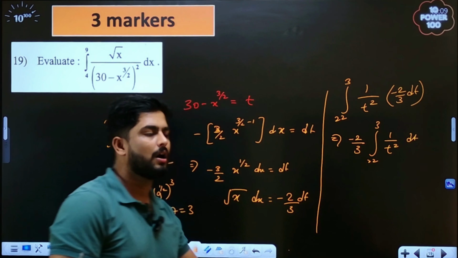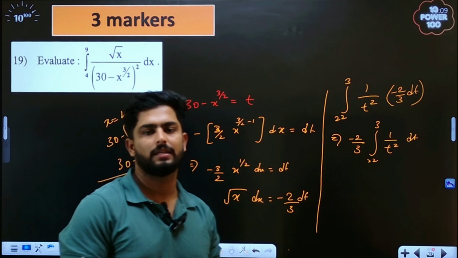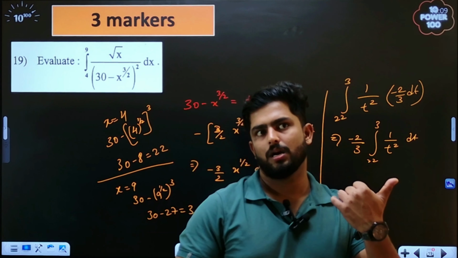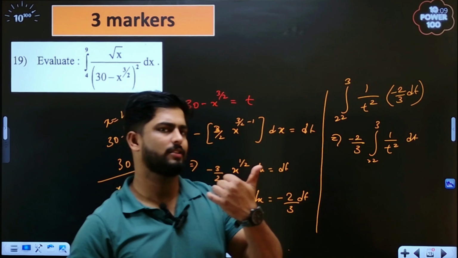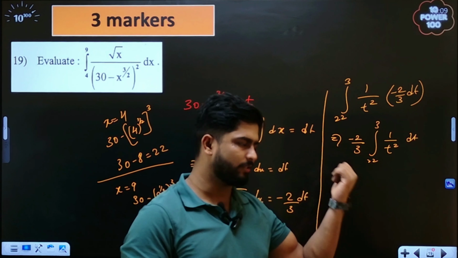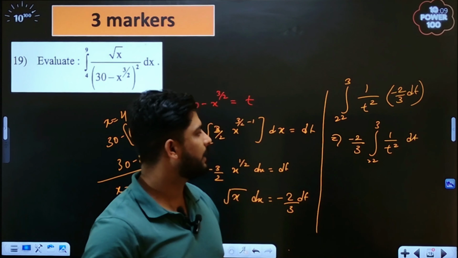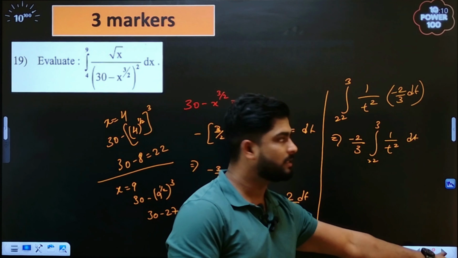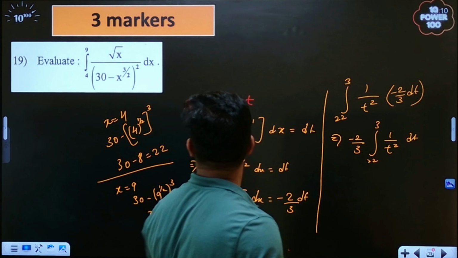Now you know how to do that further. The integration of 1 by t square is minus 1 by t. Minus 1 by t is the answer. So you can easily do that, and after that apply the limits and you get the answer.